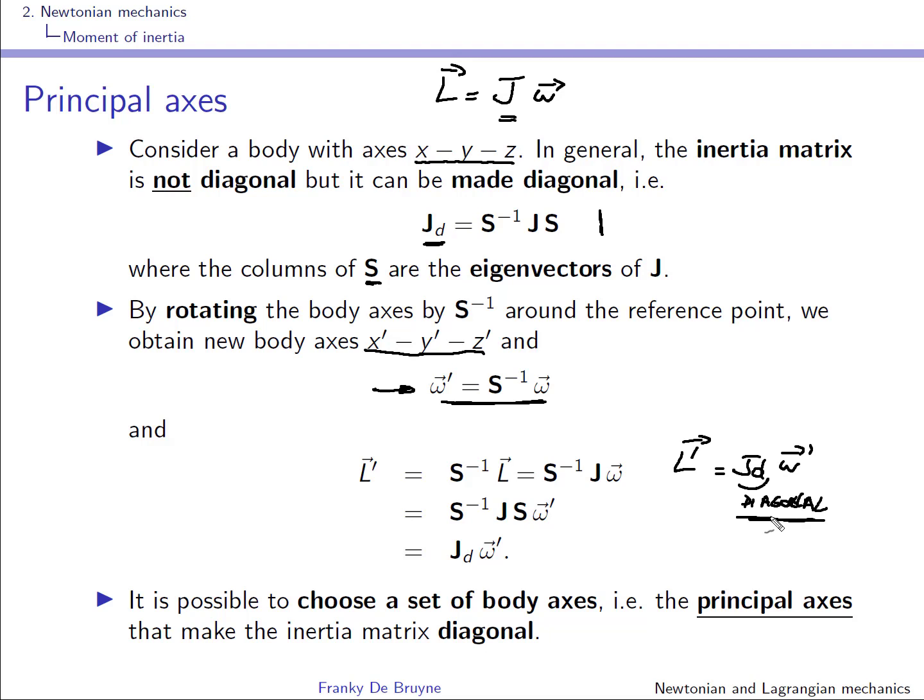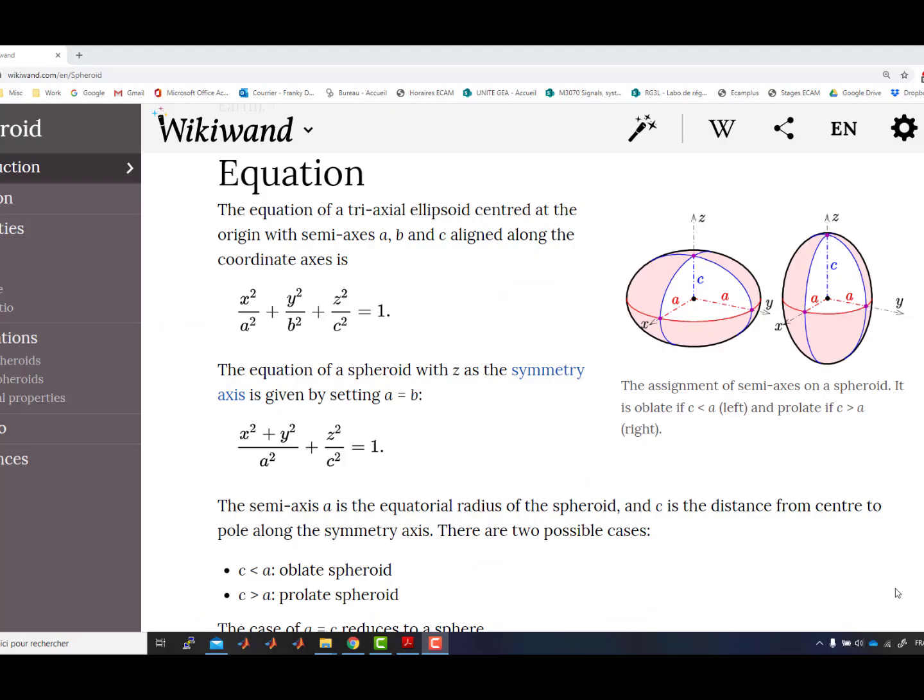So this is a big advantage. Very often we choose a set of body axes where the inertia matrix is diagonal, and these are called principal axes. Let's take the example of a rugby ball or a spheroid.